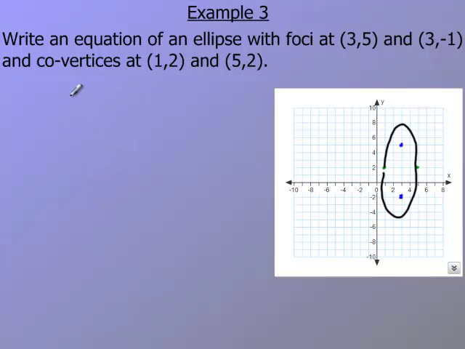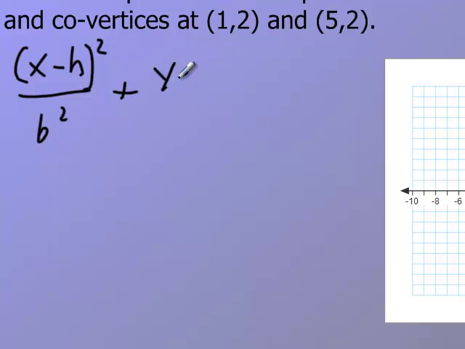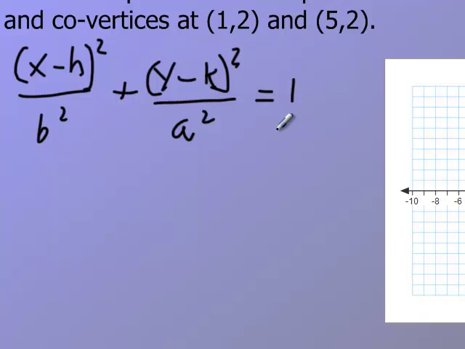So we'll use the appropriate formula, which in this case is x minus h squared over b squared plus y minus k squared over a squared equals 1.